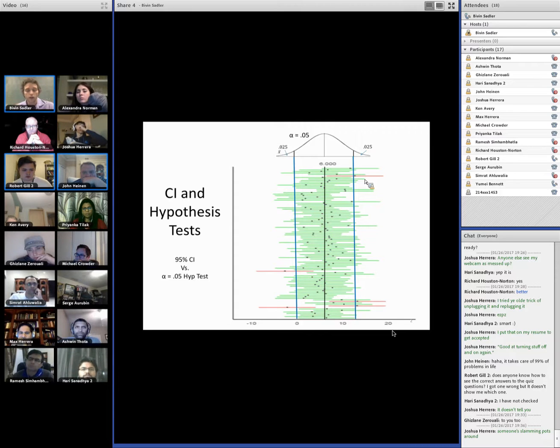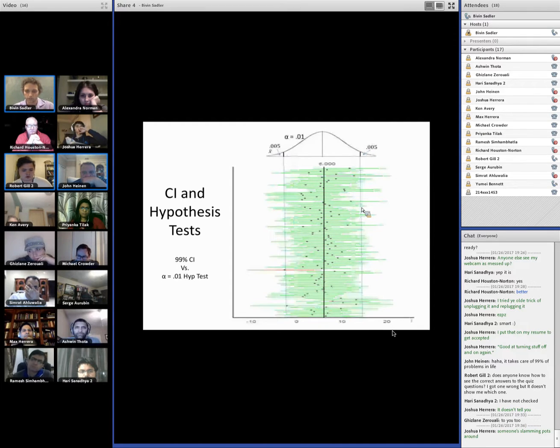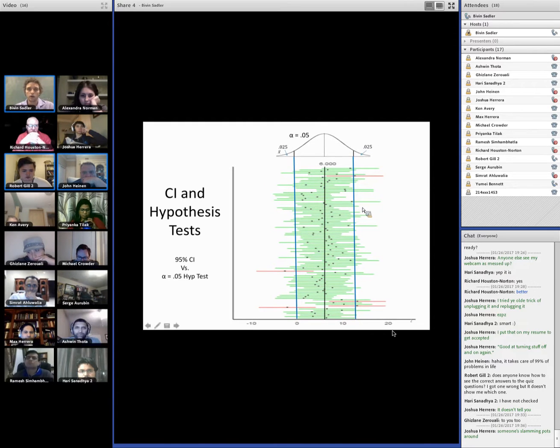If that wasn't good enough, if I wanted to be more confident that it contained mu, I would have to make the intervals wider, right? Let me show you that. I'll come back to this one in a second, but let's say that I wanted to make a 99% confidence interval because I wanted to be more confident. Well, that's going to have to do this. Notice the difference, right? This guy here gets a little bigger.